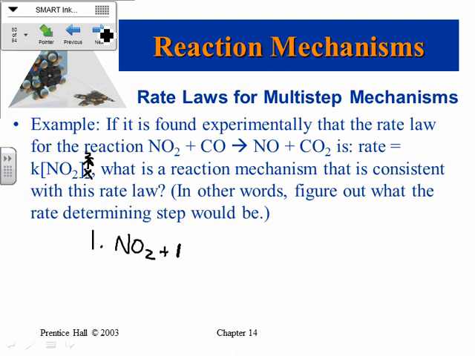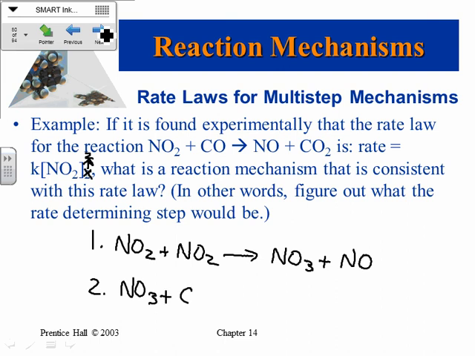We would have two NO2s reacting with one another, and I think what we decided there was that that would form NO3 plus NO. And then the NO3 would be the intermediate here that reacts with the CO and forms CO2 and NO2. So this is the first step of our mechanism. This is really the important step. But then the other step here would have to be that the NO3 then goes on to react with CO.